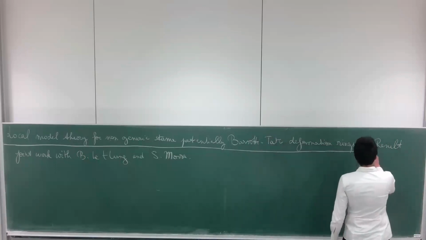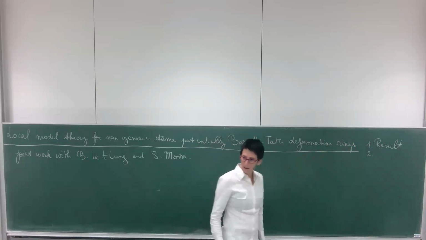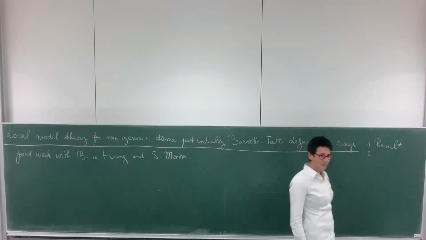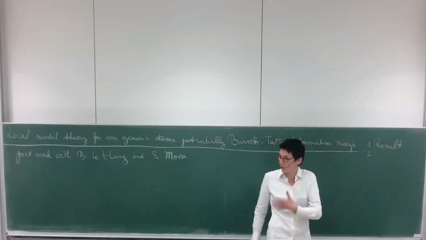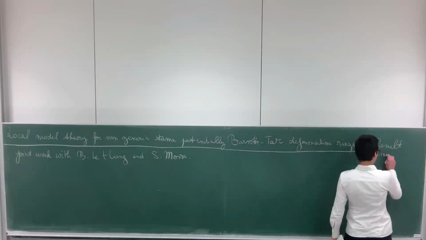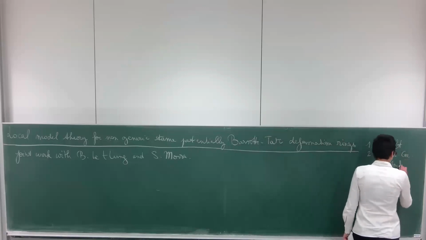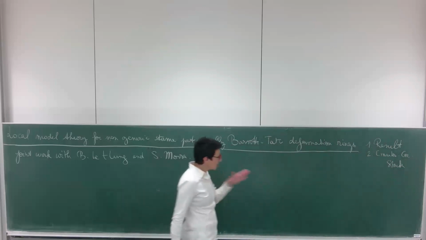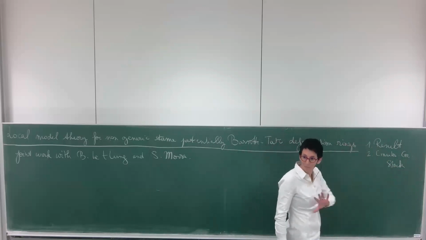Then I will need to introduce some notation in order to make everything clear, because I will present the result in a very general way, not in a precise way, so I need to present the object more precisely, because it will be something that you know better than me. This Emerton-Gee stack, which plays a central role in this talk. So this will be my first hour talk, I hope.